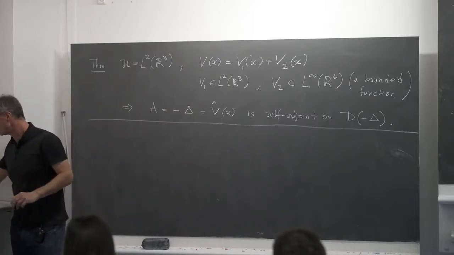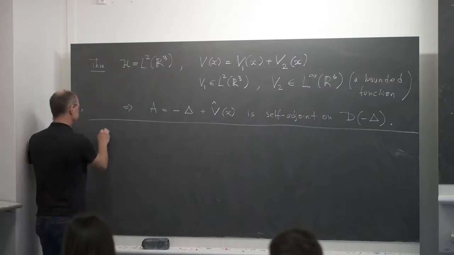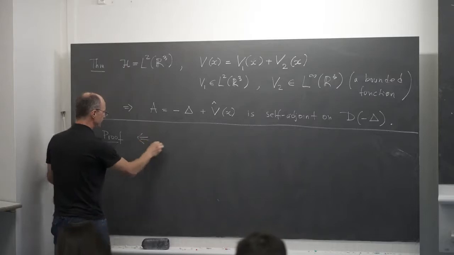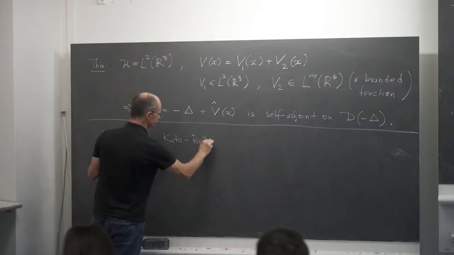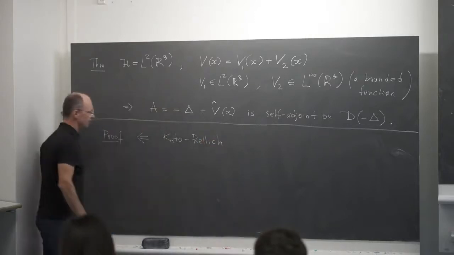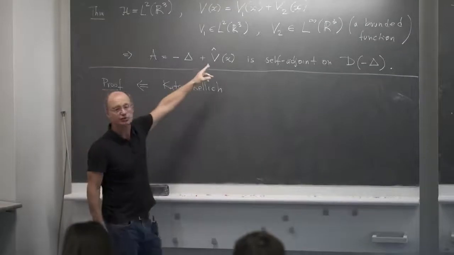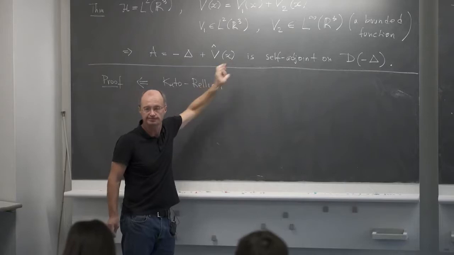This should be an instance of Kato-Rellich. So proof. The general strategy is to use Kato-Rellich. So we need to show some kind of Kato-Rellich type estimate for minus delta and for V.